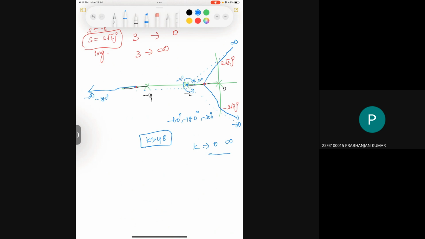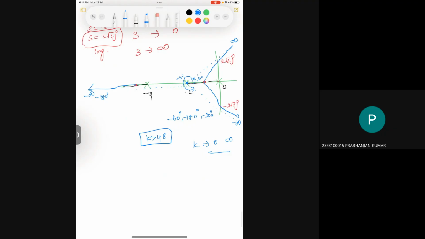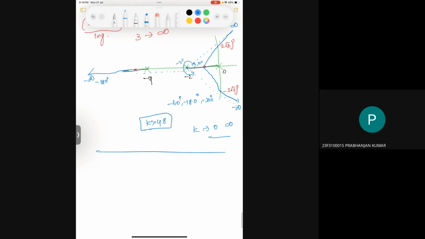This is the general rule for finding the locus of any system. So we can do multiple problems on this to make it clear and to get familiar with this method. Don't worry about this right now.